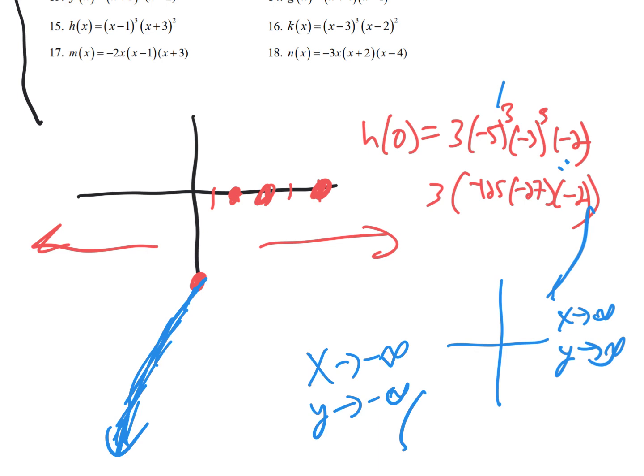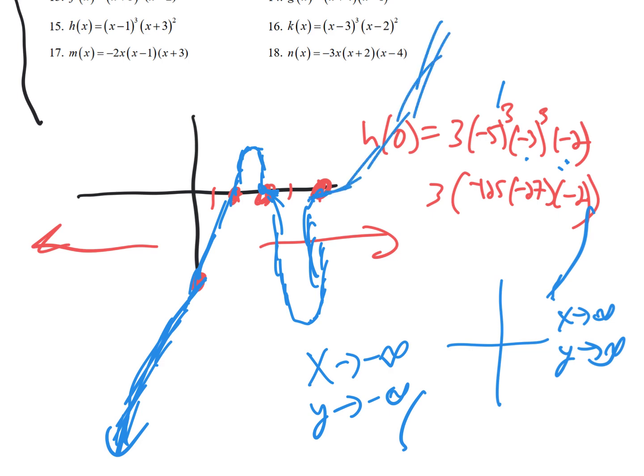But somehow it's got to turn around and go through 3. So I'm going to come up, pass through, turn around, and then wiggle through that x equals 3 one, because it's 3rd degree. Then it's got to turn around, come down here and turn around, wiggle through that, and then head up to positive infinity.